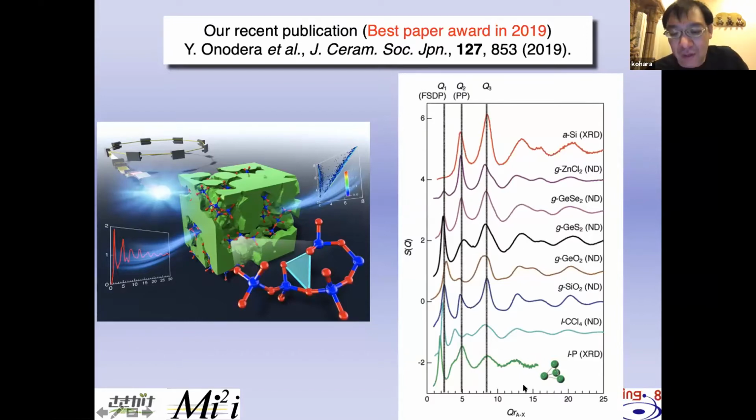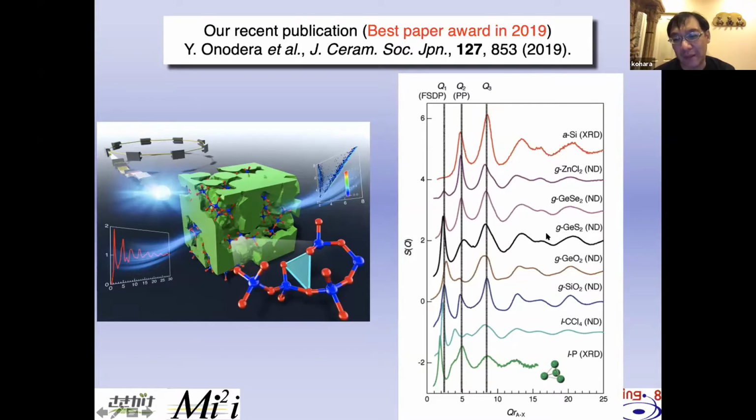By the way, we scale Q by multiplying by the short range, closest distance. So this is just the center of the tetrahedra and the corner of the tetrahedra. This is the center and corner distance, to eliminate the size of the atom. Then we can classify these three peak structures in silica and germania, and these are tetrahedral motifs. But we cannot see such an FSDP in amorphous silicon because amorphous silicon doesn't have a large fraction of empty space.